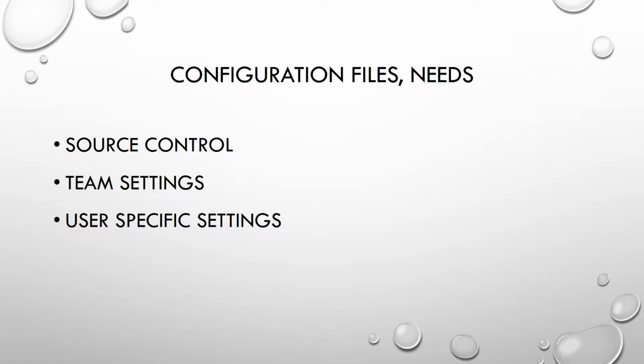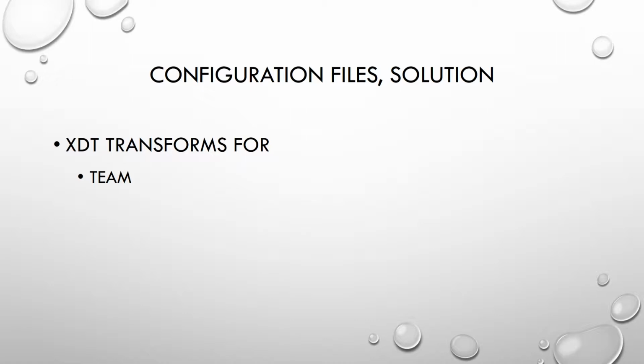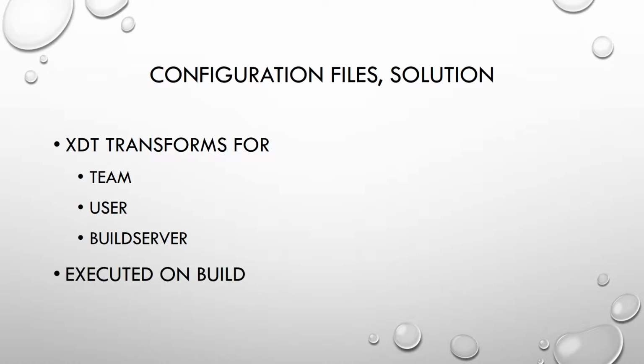My solution to this is to use XDT transformations and add transformations for team and specific users, and perhaps different settings for the build server or target deployment server or whatever. These transformations should be executed on build, so when I build my solution I get my settings, and when another user builds, their settings should be applied.